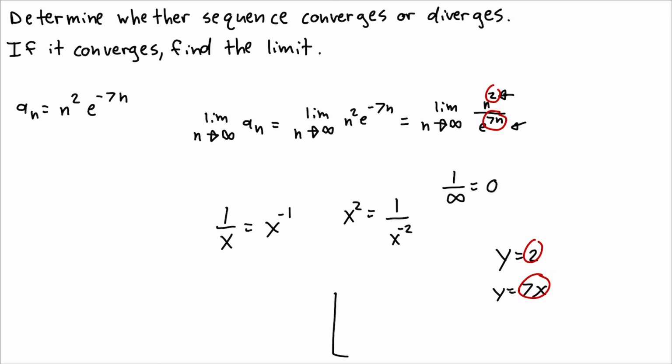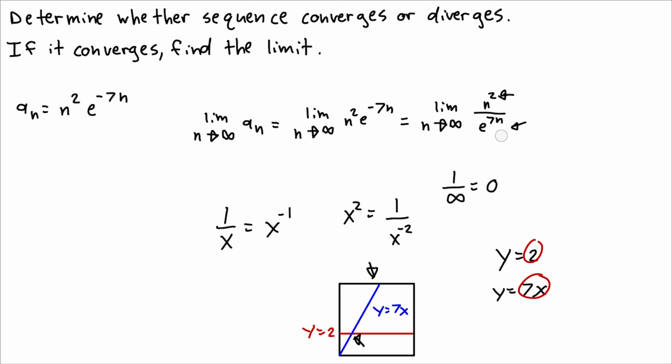And if you were to graph it, just to better understand things, you'll see that y equals x squared is about right there, and y equals e to the 7x is something like this. Yeah, sure, for a little bit of time, x squared is ahead of e to the 7x, but in the long term, e to the 7x will beat out x squared.